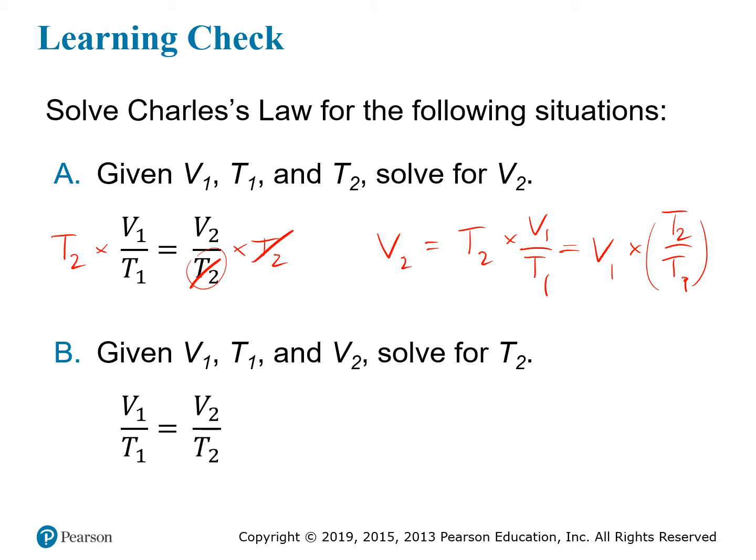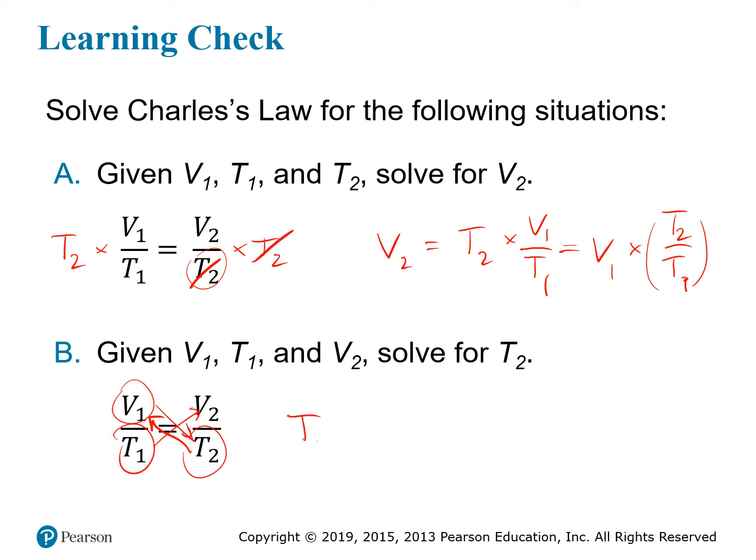The second one is a little bit more challenging because we want to get T2 by itself, but T2 is in the denominator on the right-hand side. So we really need to cross multiply. We take T2 up here, and take all of the variables on the left-hand side and bring them over to the right, so that T2 is by itself. That means taking V1 down here and taking T1 up here.